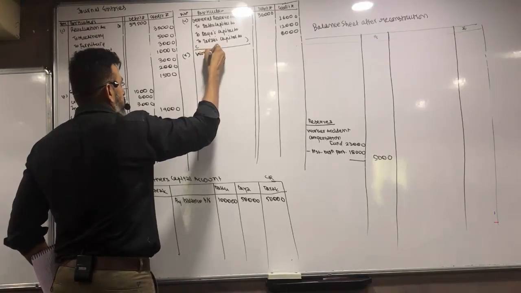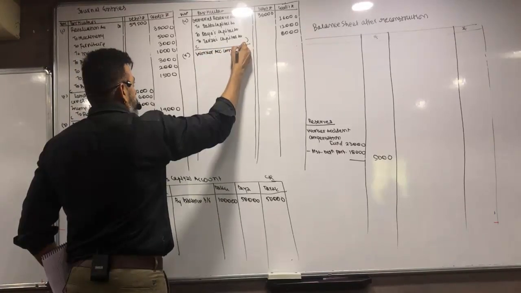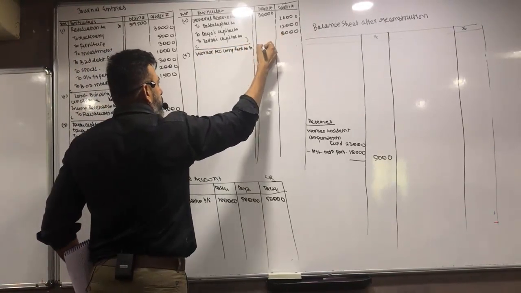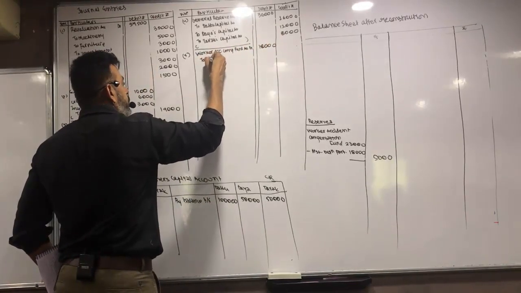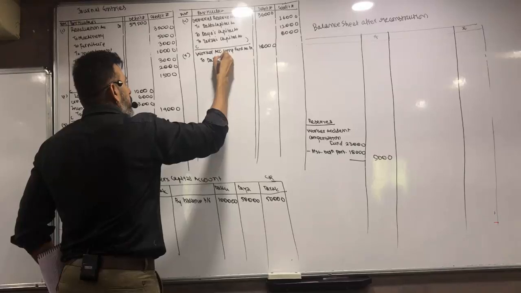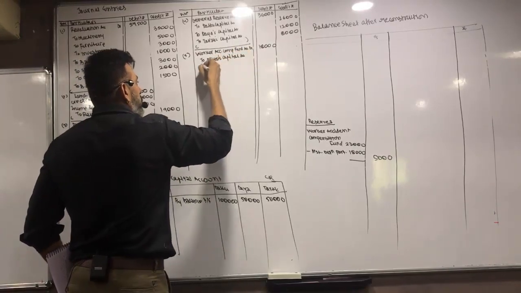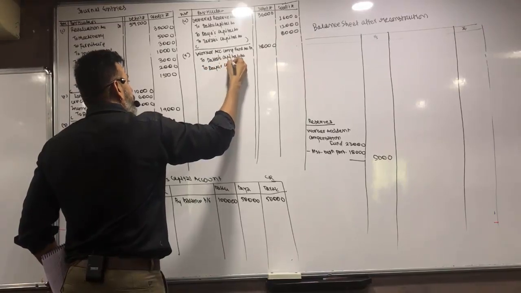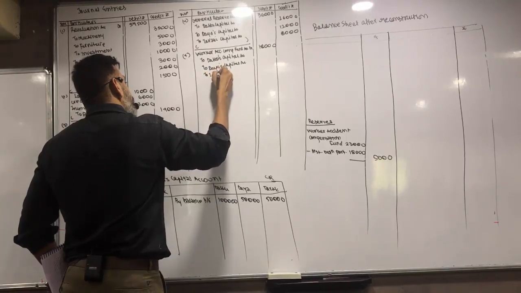Worker accident compensation fund account debit 18,000 to Dattu's capital account, to Daya's capital account, to Tarak's capital account.